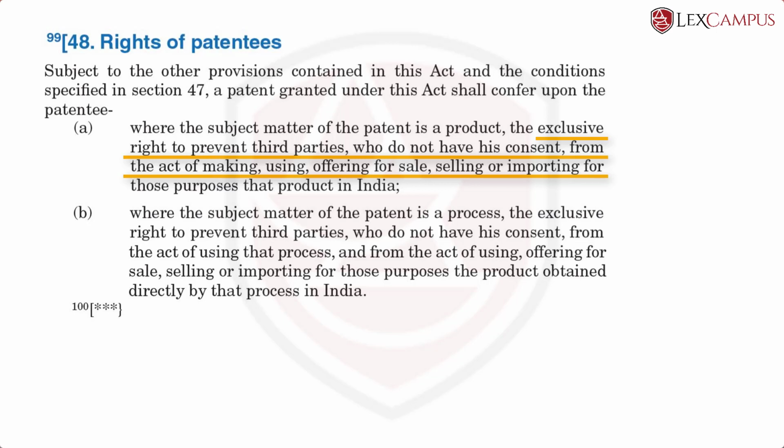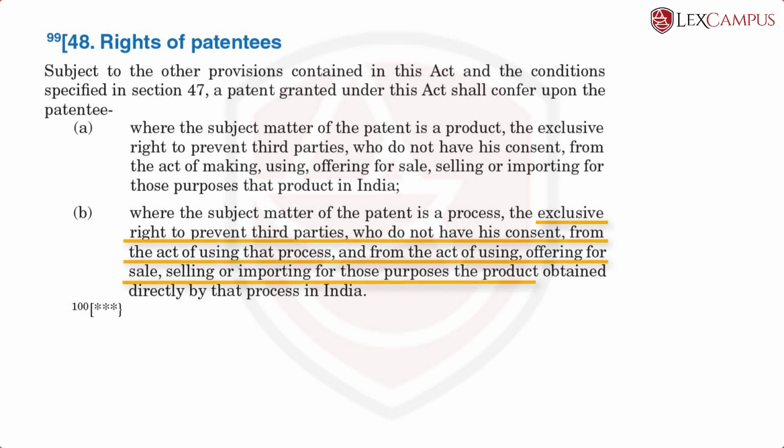These are the 5 types of rights: manufacture, making, using, offering for sale, which is marketing, selling or importing. In these 5 rights the patentee has an exclusivity. So, he has an exclusive right to prevent third parties who do not have his consent. If they have his consent, it is called a license.